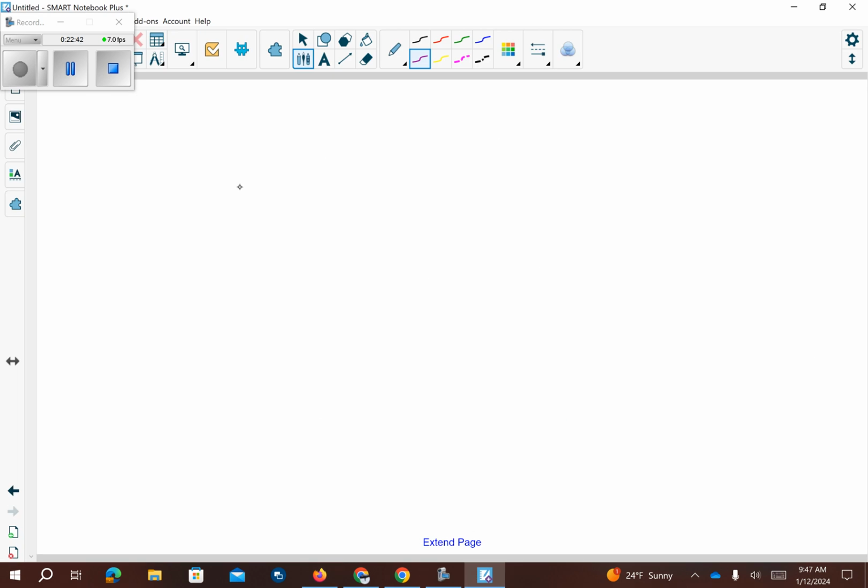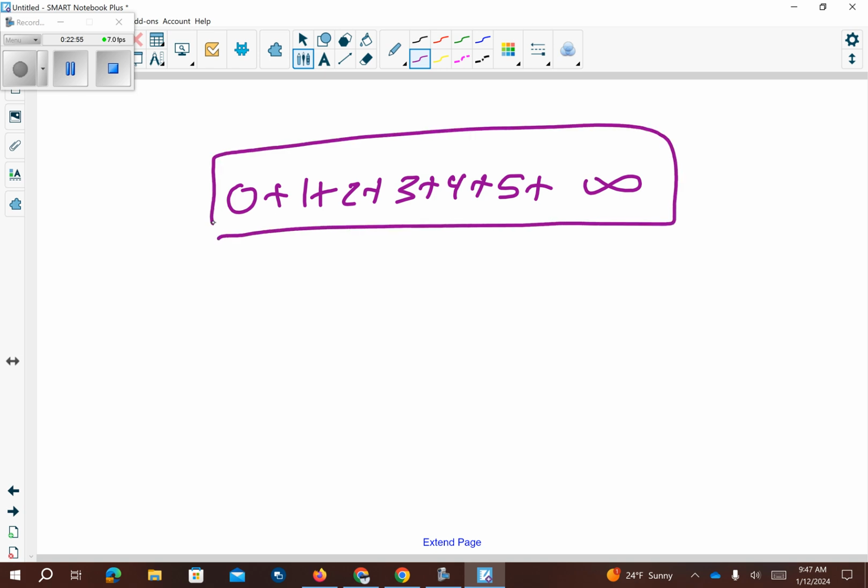If I were to take every number, what do you think all numbers would add up to? Like if you were to go on your calculator, go 0 plus 1 plus 2 plus 3 plus 4 plus 5. Is it going to equal infinity? What's it going to equal? Anyone know?